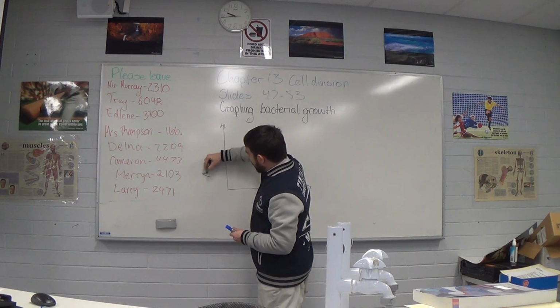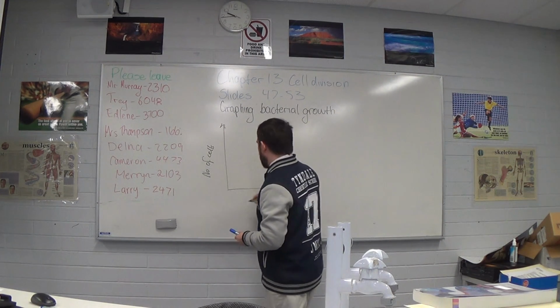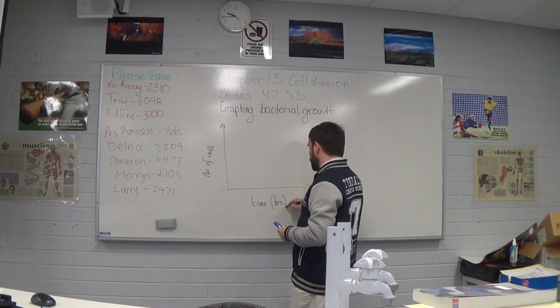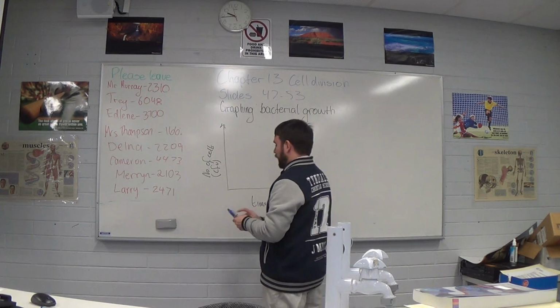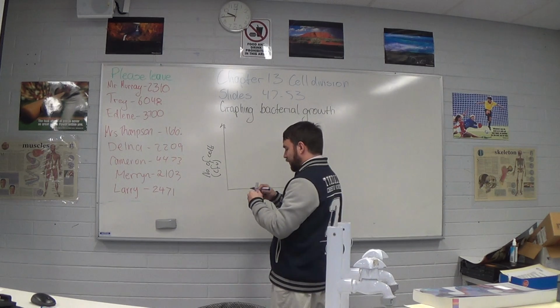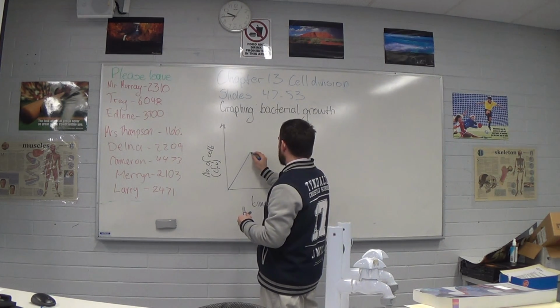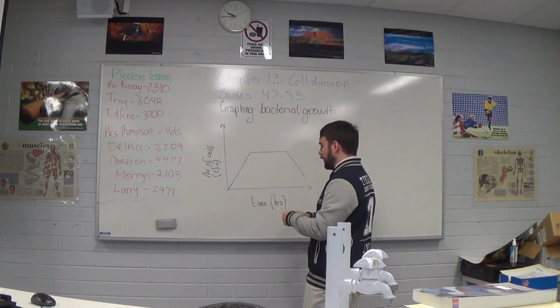On the y-axis, we're just going to have number of cells, and down here we're going to have time, and just for the sake of it, we'll throw in some units as hours, and the units of cells, we'll call that colony forming units, CFUs. What we have is this very, very simple shape. Start at the bottom, we get an exponential growth, stationary phase, and then a death phase.